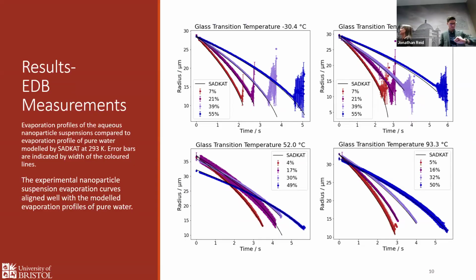And if you do comparisons between that size there and the SEM images, they are fairly comparable, accounting for the fact that the droplets formed in the SEM images usually have a lower starting diameter. I don't think they degrade or shrink much further after that locking point that we see in the EDB. I think they change with drying rate.